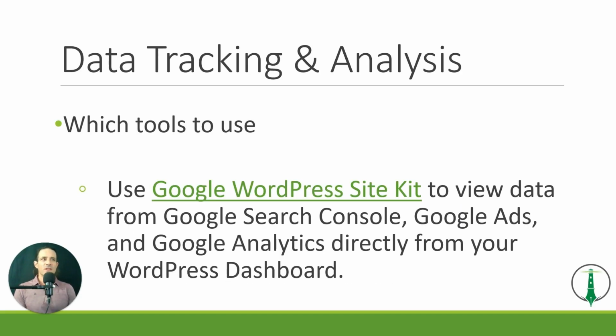Another tool that you can use if you have WordPress is the Google WordPress Site Kit, which allows you to view data from Google Search Console, Google Ads, and Google Analytics directly from your WordPress dashboard, which saves you from having to log into Google and ultimately just makes it more convenient and saves time to track your data.